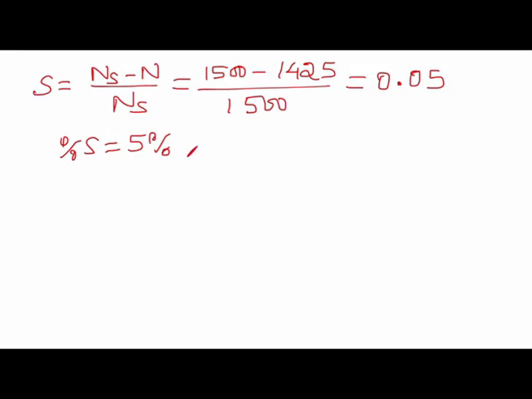Now we need the rotor induced EMF E2. So to calculate E2, they have given the turns ratio, that is rotor turns to the stator turns, termed as K, which is equal to E2 per phase divided by E1 per phase. So this is given as 0.8.